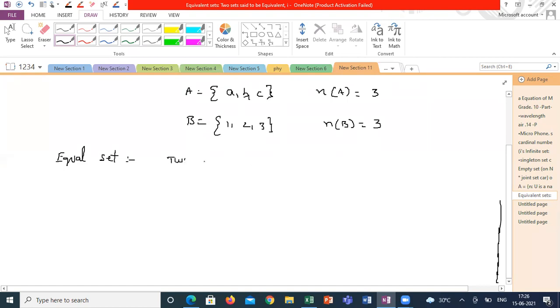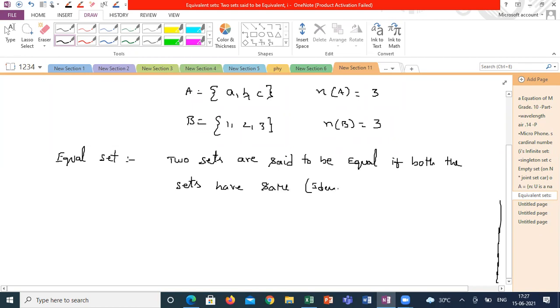Two sets are said to be equal if both sets have the same identical elements. Then only we can call them equal sets. Equivalent we will use; equal we won't use much.